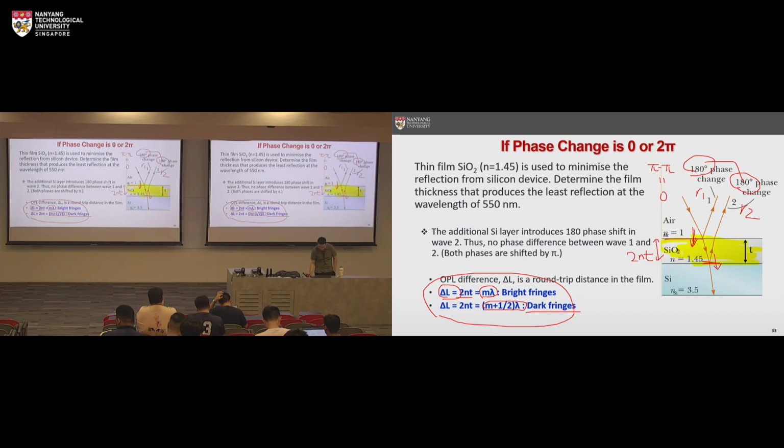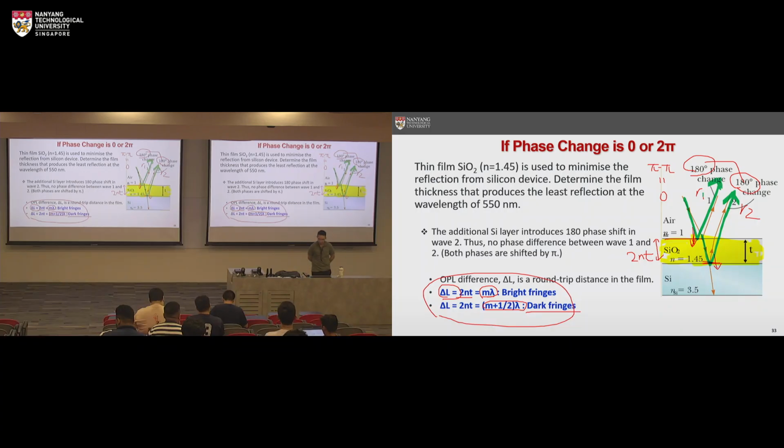So you need to focus on this layer. When your light passes through this layer, it creates two reflections. One is on the top. The other one is on the bottom.